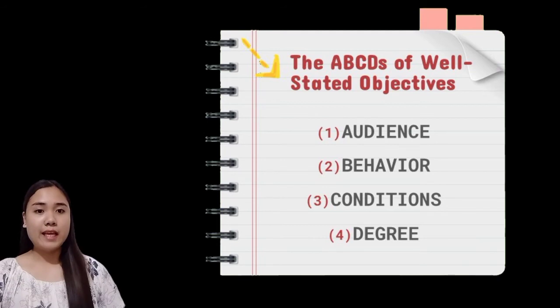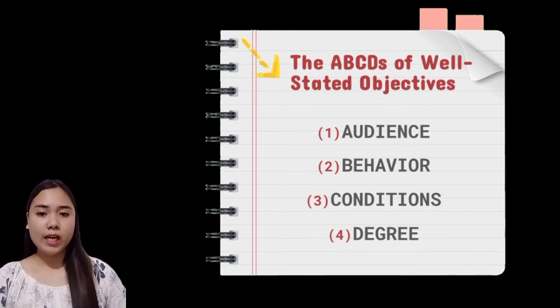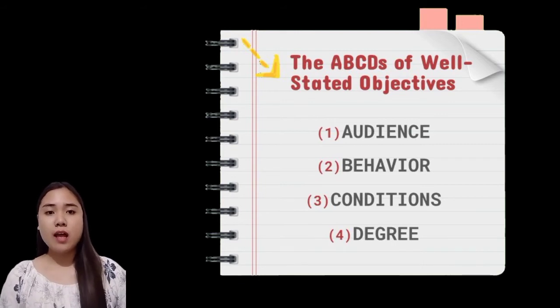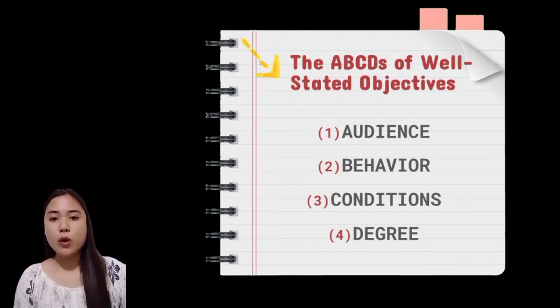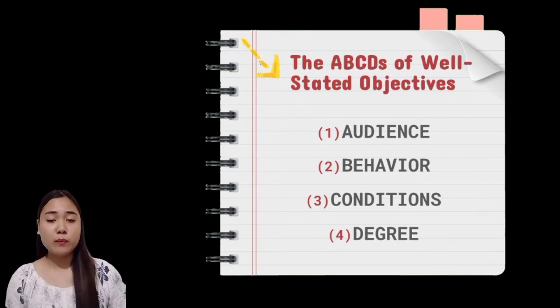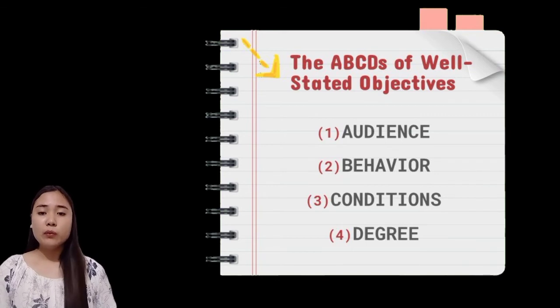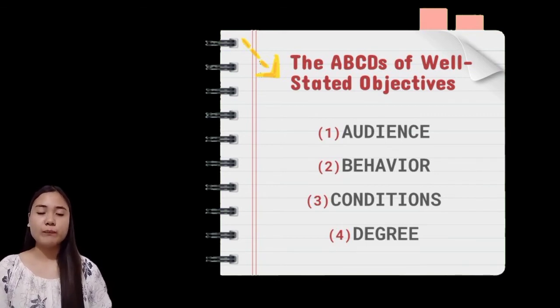Next will be the letter B, which stands for behavior, describing the new capabilities that the audience will have after the instruction. What is the behavior or performance to be demonstrated? The heart of the objective is the verb describing the new capability that the audience will have after instruction.